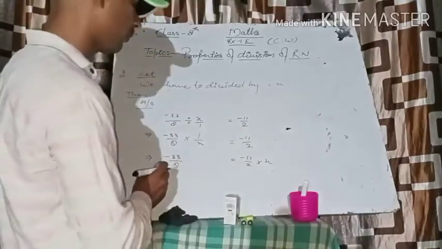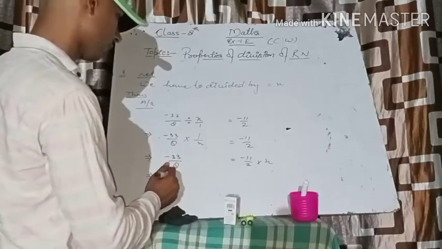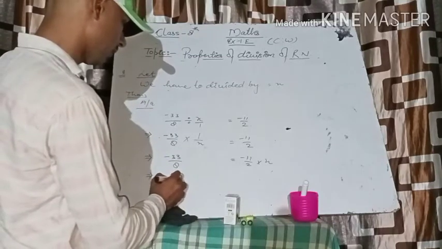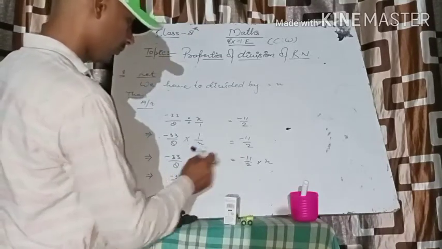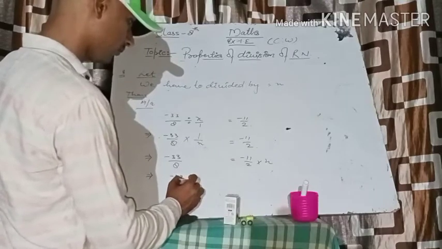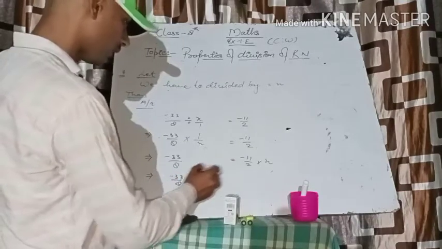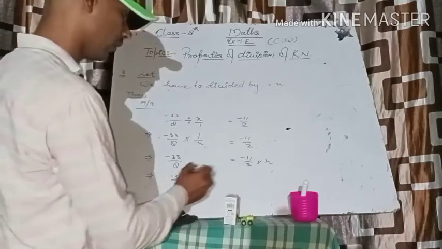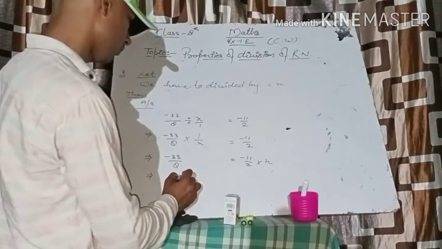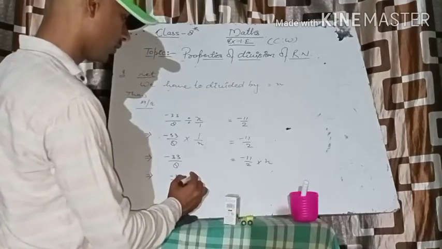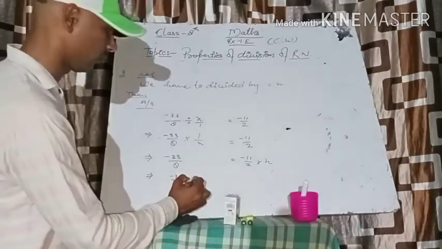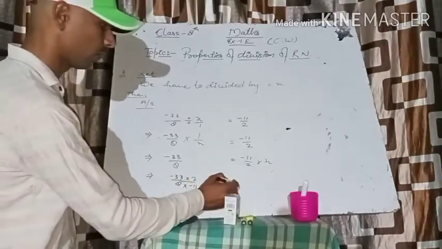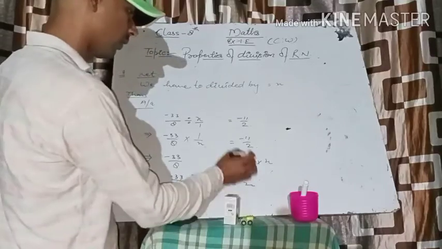In the next step, minus 33 by 8 will come in division form, and minus 11 by 2 will go to the numerator side to become x.